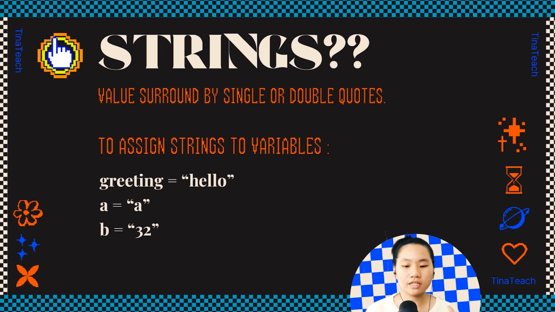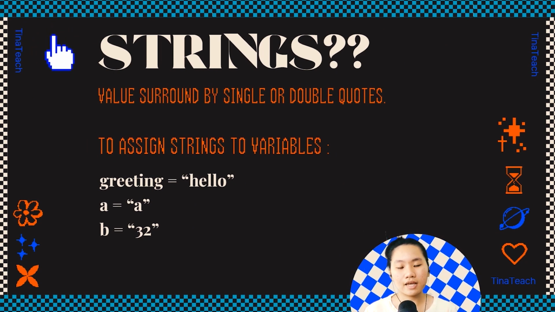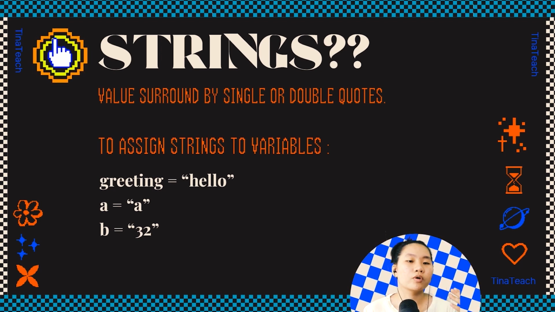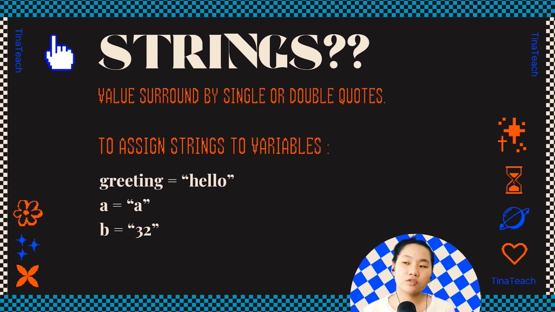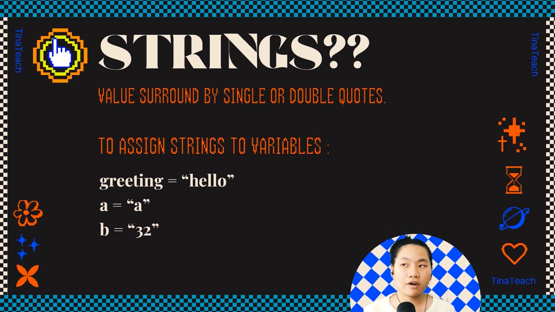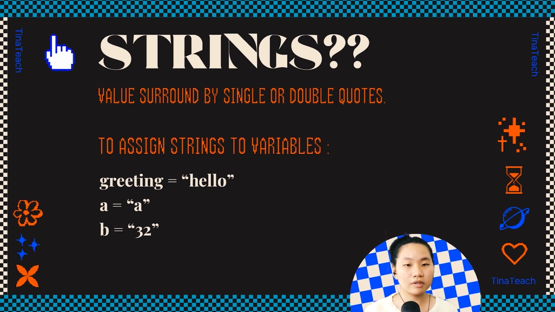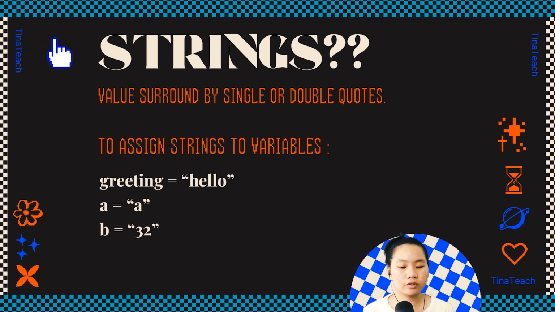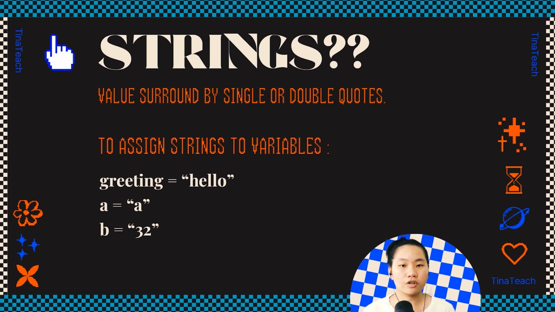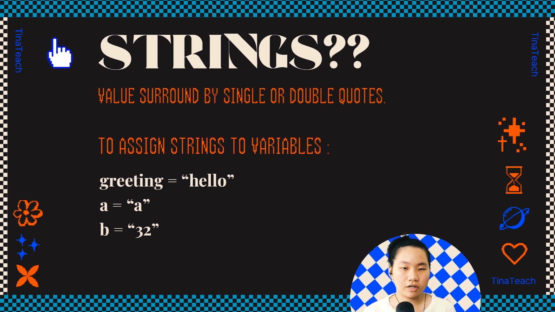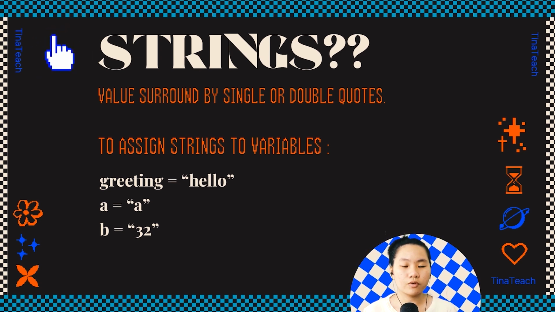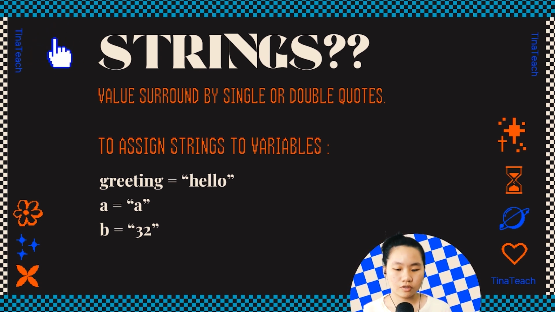What is a string? A string is any value that is surrounded by single or double quotes. You often see strings being depicted as a character, as a paragraph. It's mainly about text, but you can literally just put anything in between single or double quotes, integers, floats, imaginary numbers, Boolean values, and you automatically make it a string.